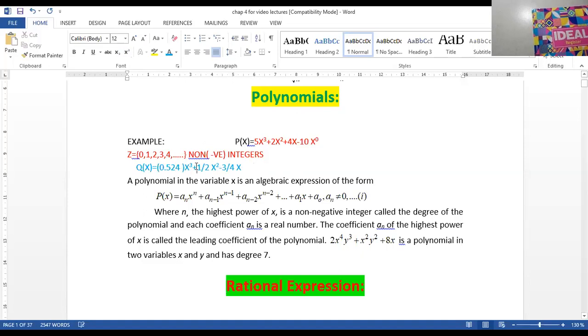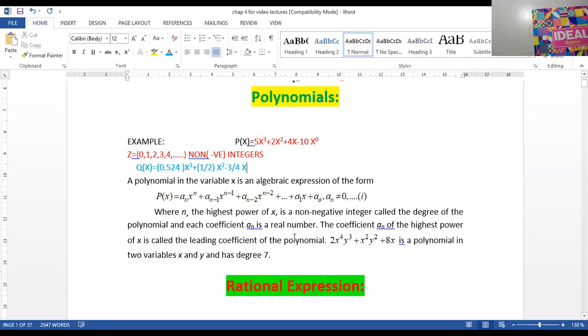If you notice, this is very much an algebraic expression, because all the powers used in this example, which I have written in sky blue color, are non-negative integers. These numbers 1 by 2, 0.524 are in decimals, in fractions, in negative fractions, but all these are the constants.